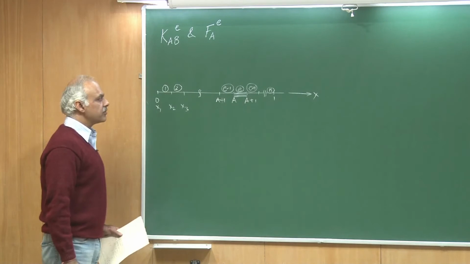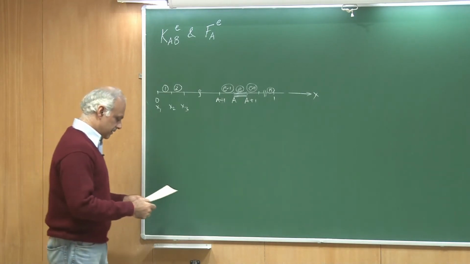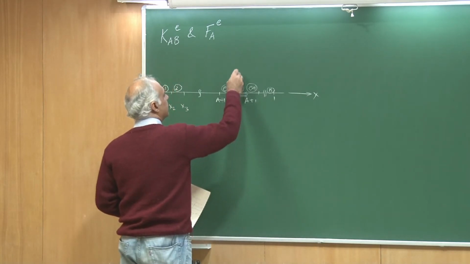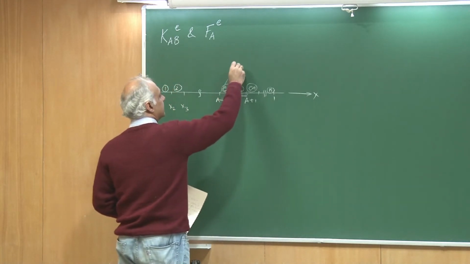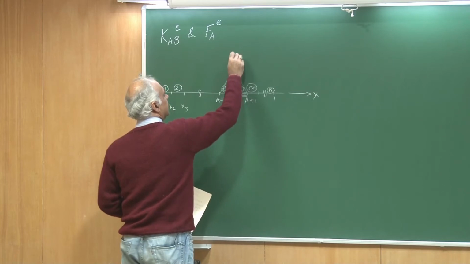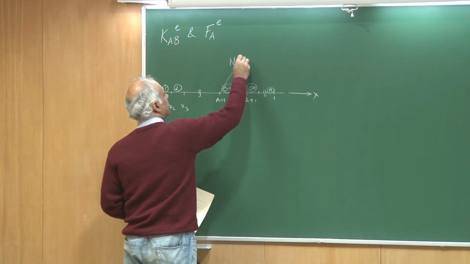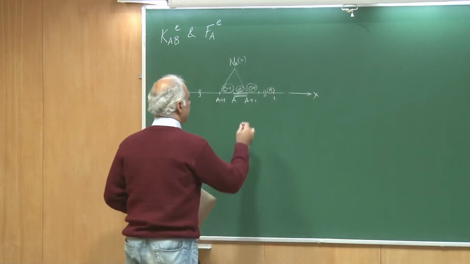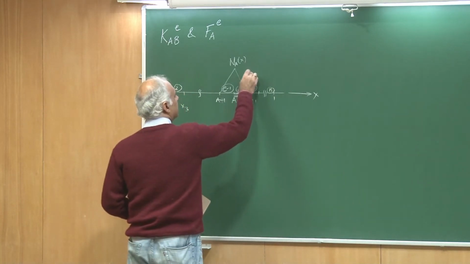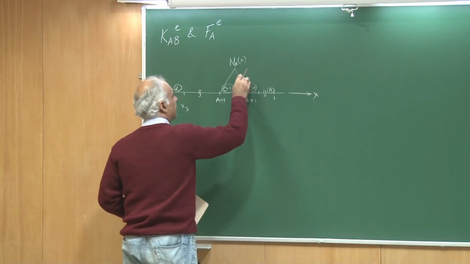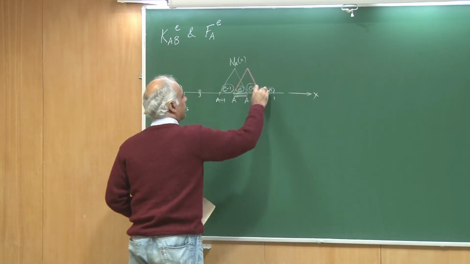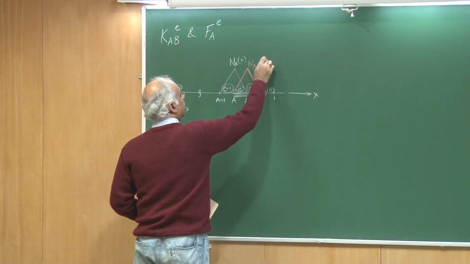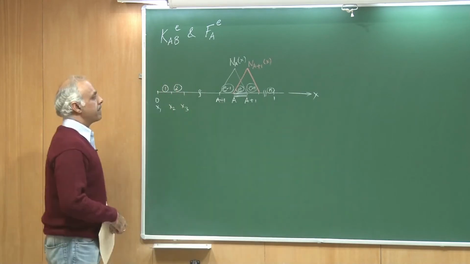And let me draw for you the shape functions. The typical shape function at this node is going to look like this. This is N_A of x. Let me also draw N at A plus 1. This quantity here is N_{A+1} of x.